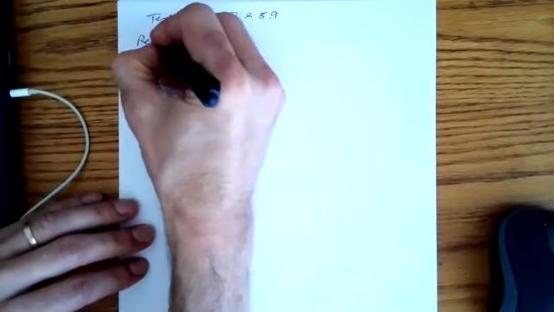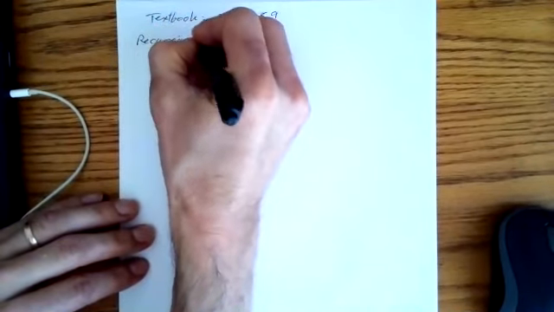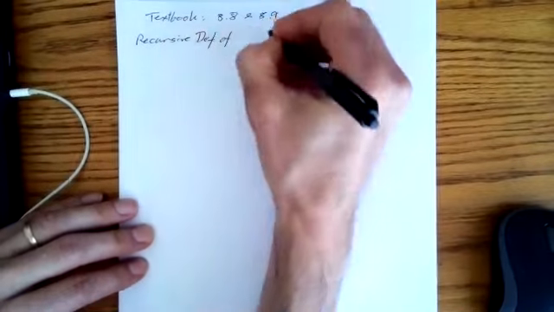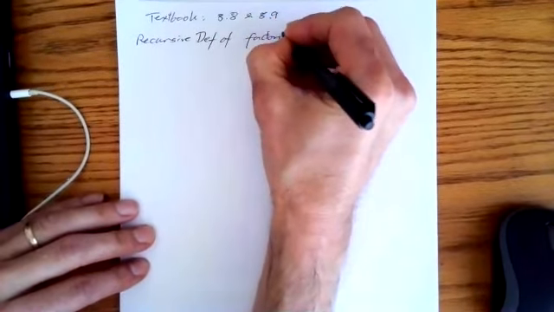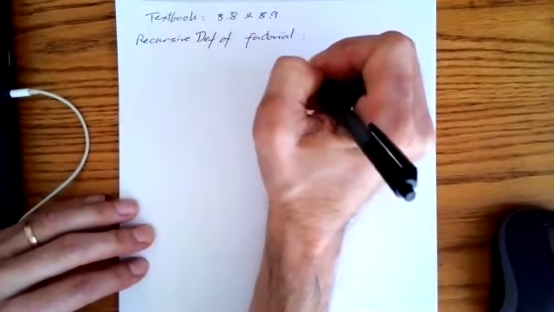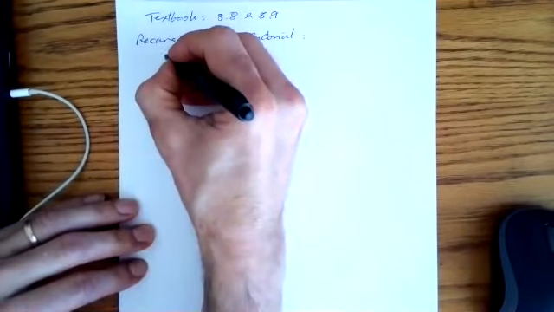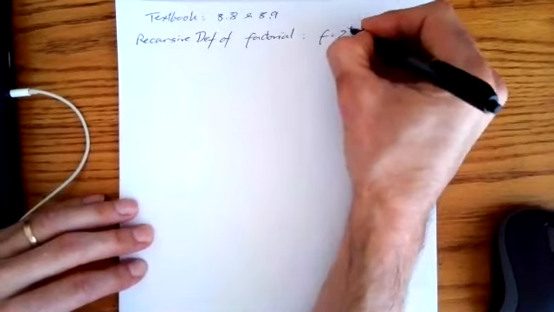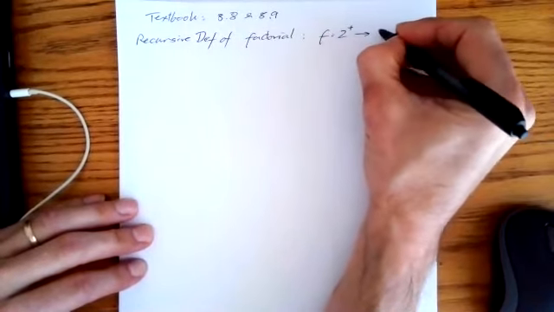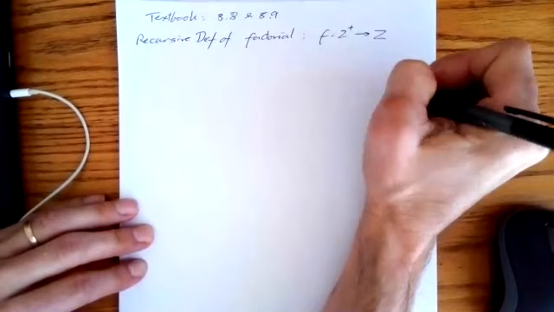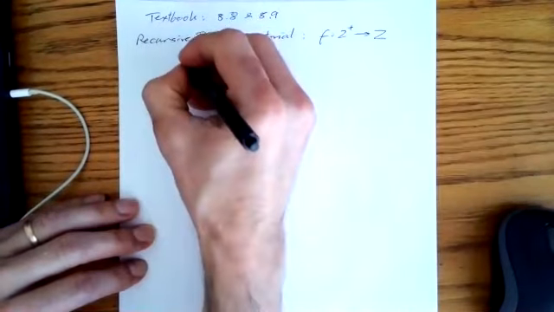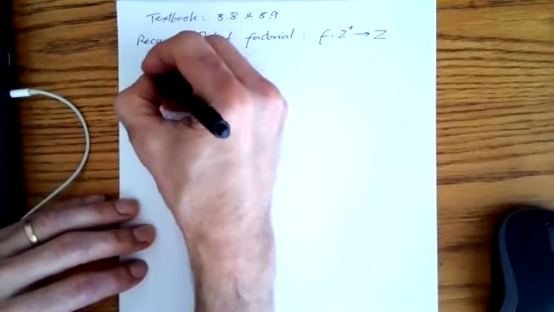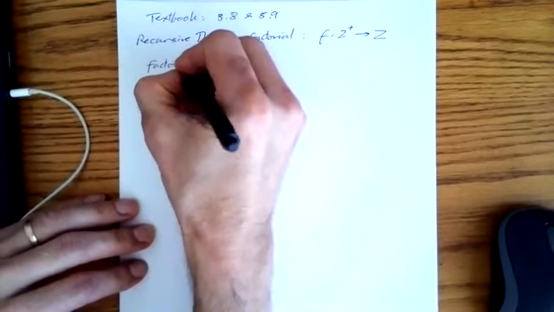So here is the recursive definition of the factorial function. A factorial is a function that takes any positive integer and outputs an integer. We can define it like this.